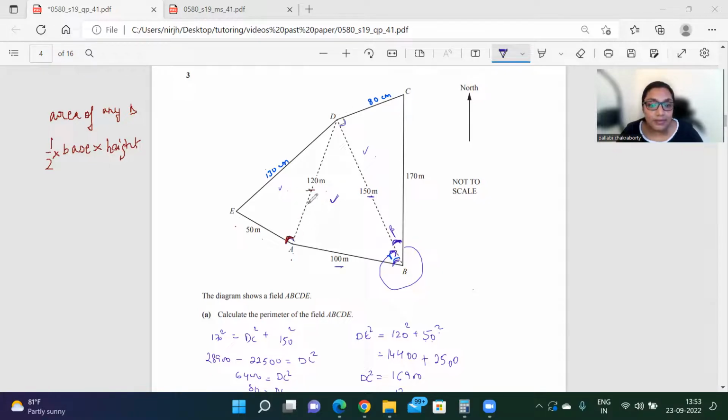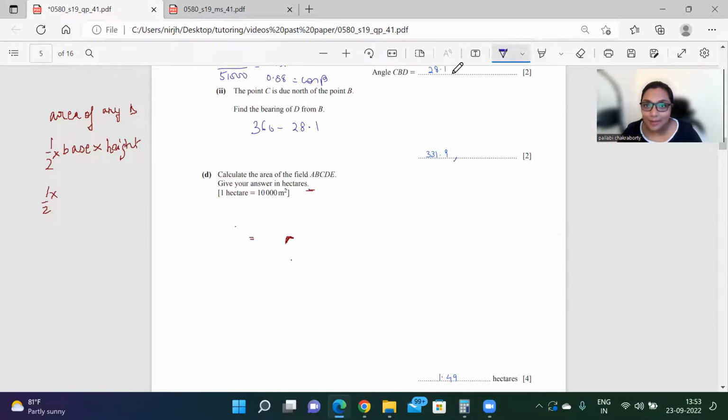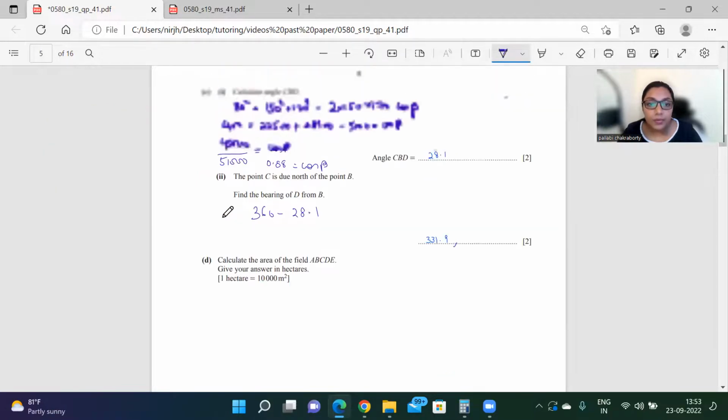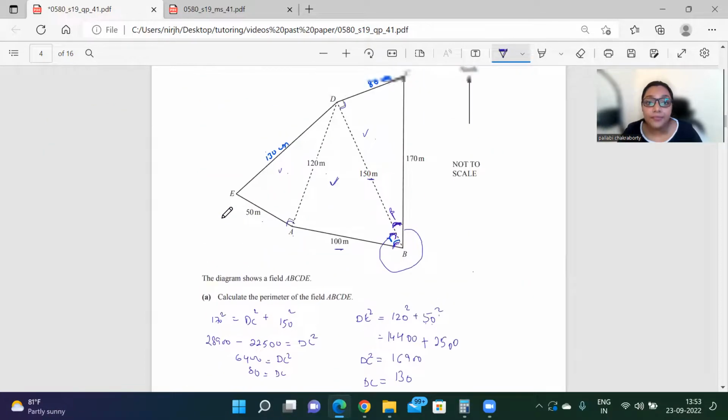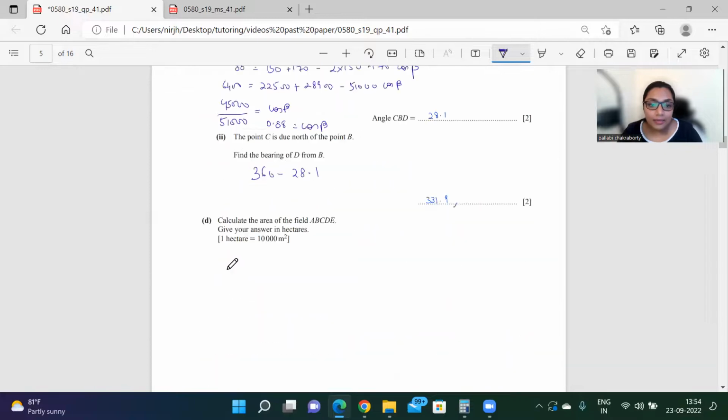So 120 is the height, 50 is the base. We can write that down in fact, because this working you need to show, then only you will get the marks, right? So how do we write? The first part which you write is the complete area is equal to area of triangle ADE. Let's write that down first.